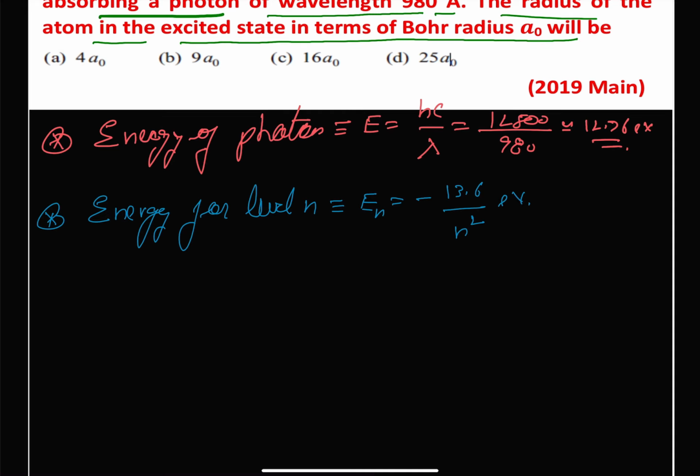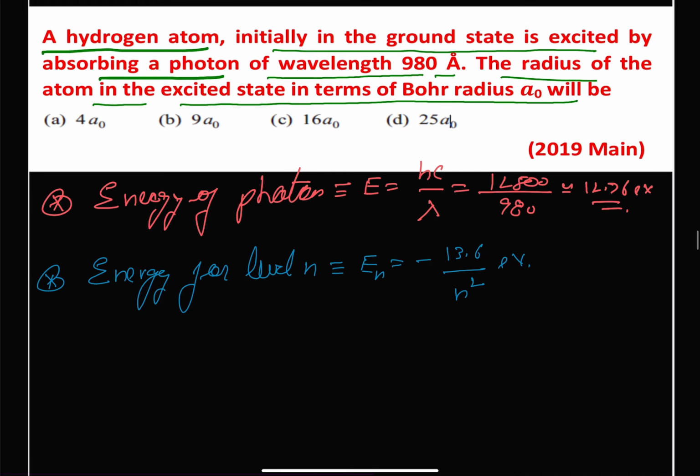It states that the hydrogen atom is initially in the ground state and is excited to some level. Let us suppose that level is n.